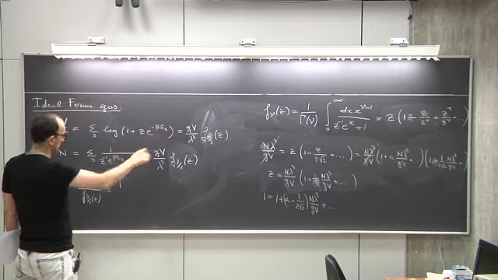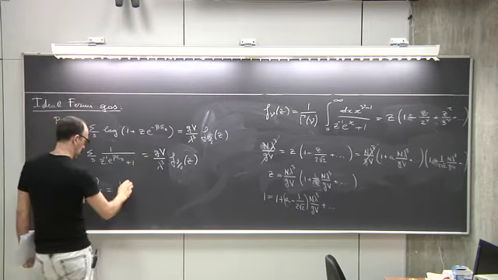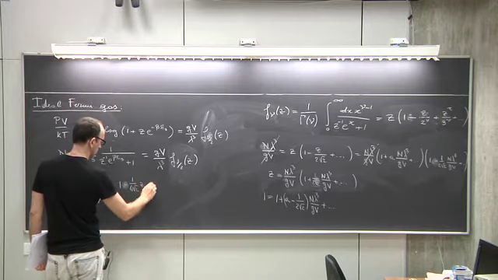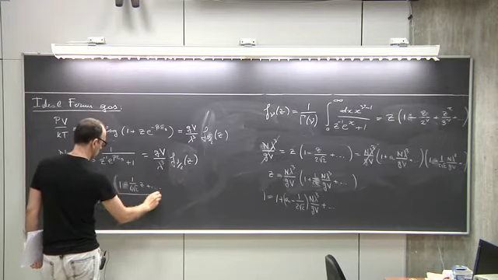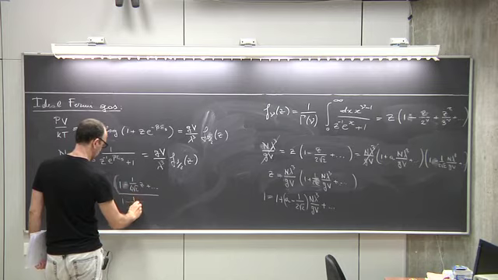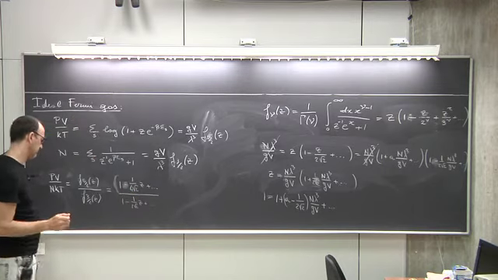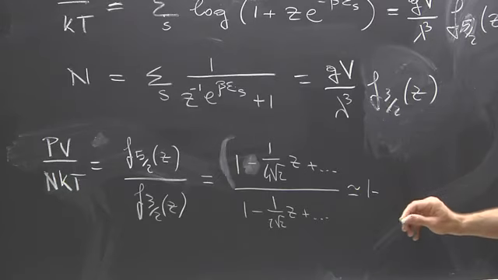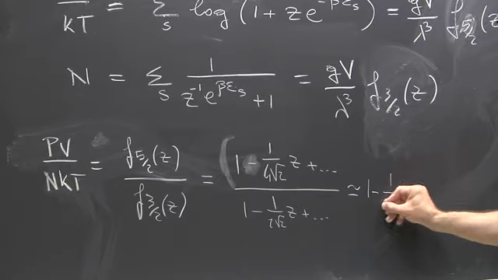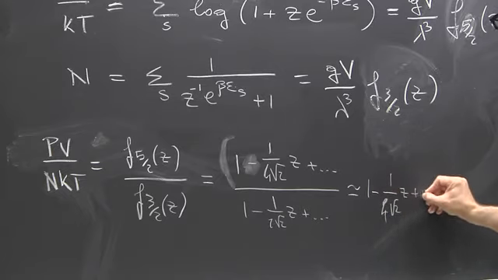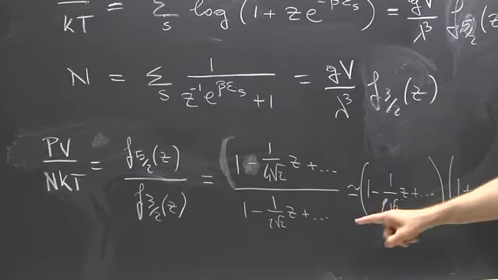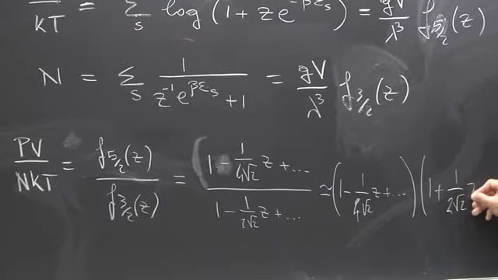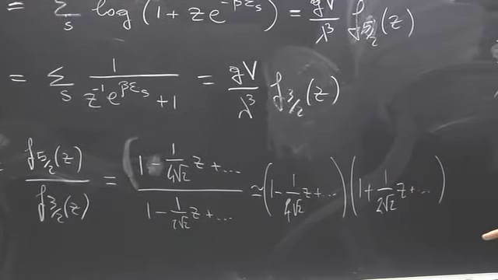Here I can use both expansions, and this will be 1 minus 1 over 4 square root 2 times z plus higher order terms, divided by 1 minus 1 over 2 square root 2 times z, etc. And so this is to leading order equal to 1 minus 1 over 4 square root 2 times z, times 1 plus, taking just the first order expansion of this, 1 over 2 square root 2 z.